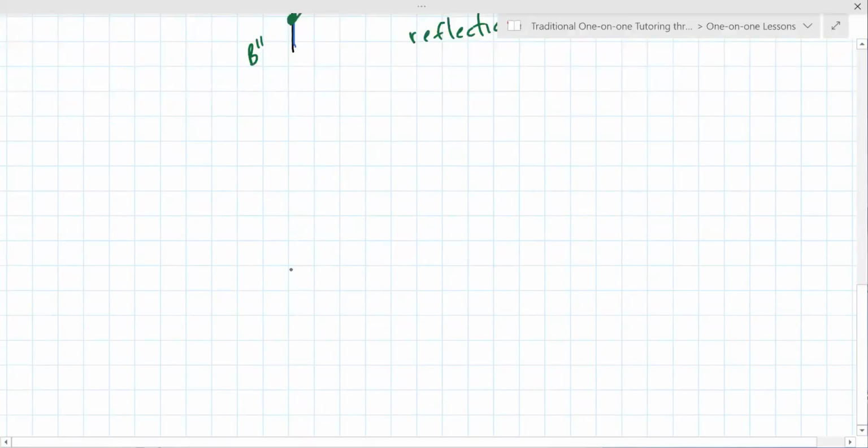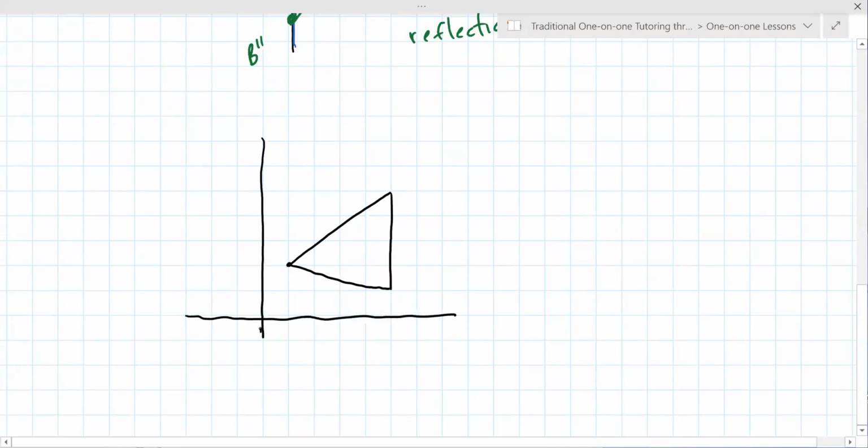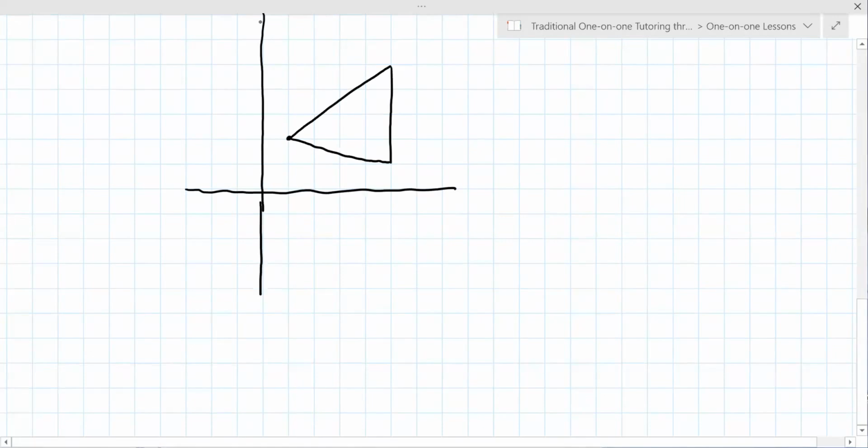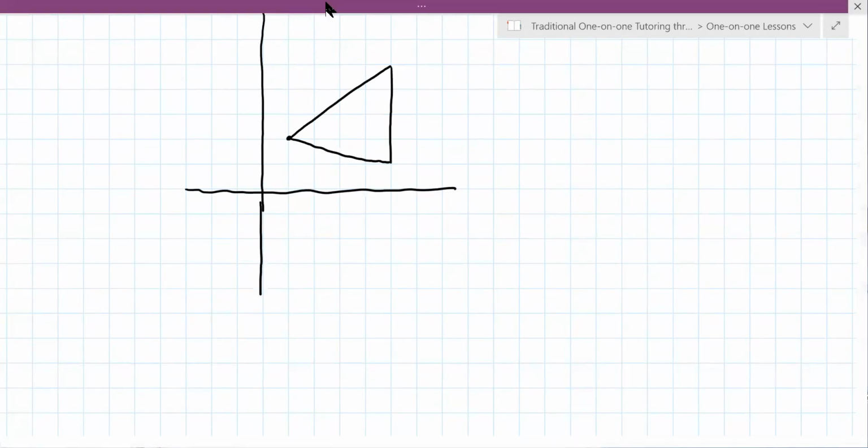Okay, so let me create an image here. And here's the XY axis. All right, so this is the image we're going to reflect. Let me do it with the x-axis first, so I use green here.